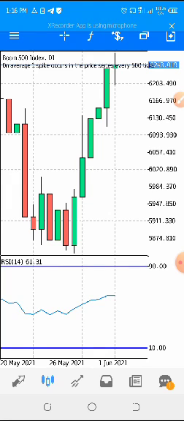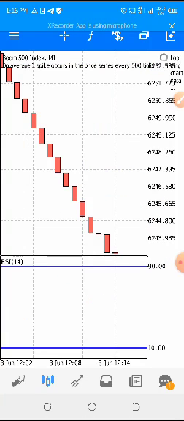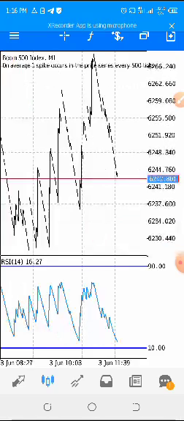Now I told you to use the strategy to buy boom and to sell crash. So after I know my trend, here the trend is bullish. I will now go to my 1 minute, then I will zoom my chart to level 1.